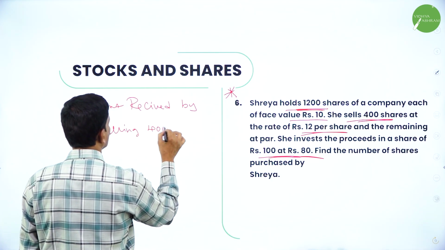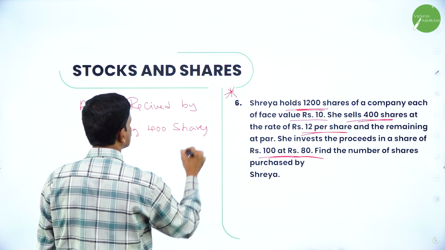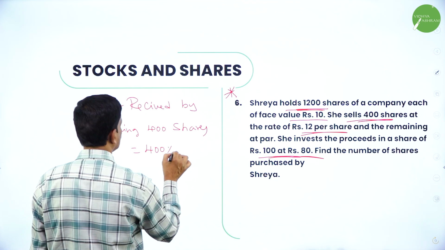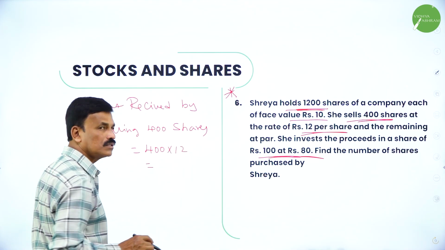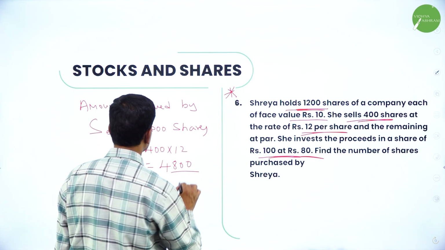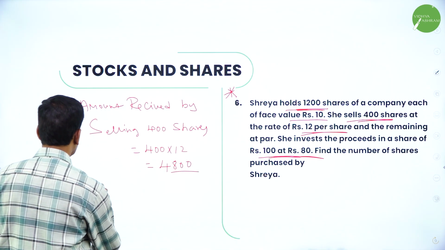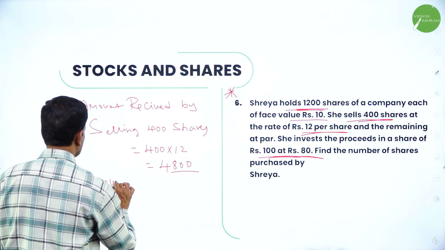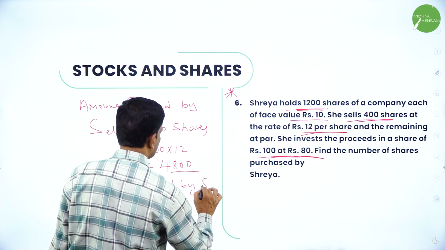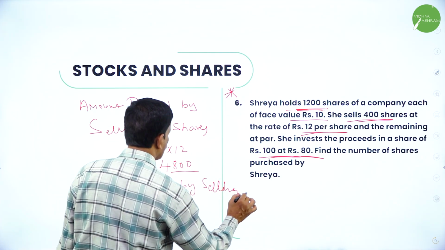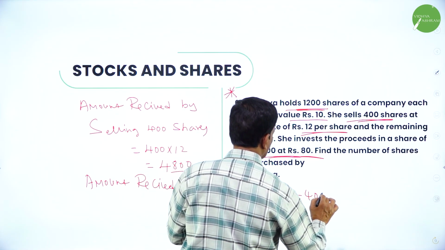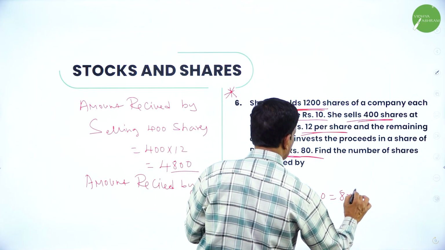Selling 400 shares. So for how much is he going to sell? For rupees 12. 400 into 12. So what is this equal to? 4,800. Now similarly, amount received by selling, how many are remaining? Out of 1,200 minus 400, how many are there? 800.